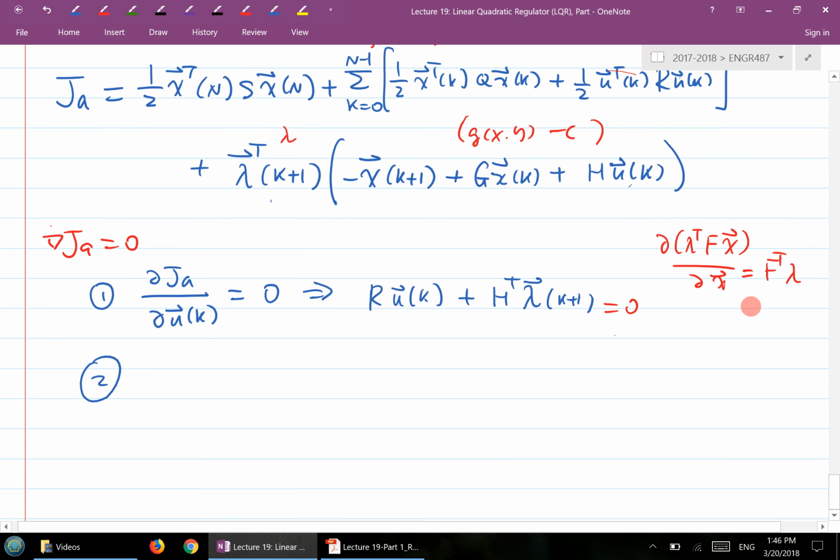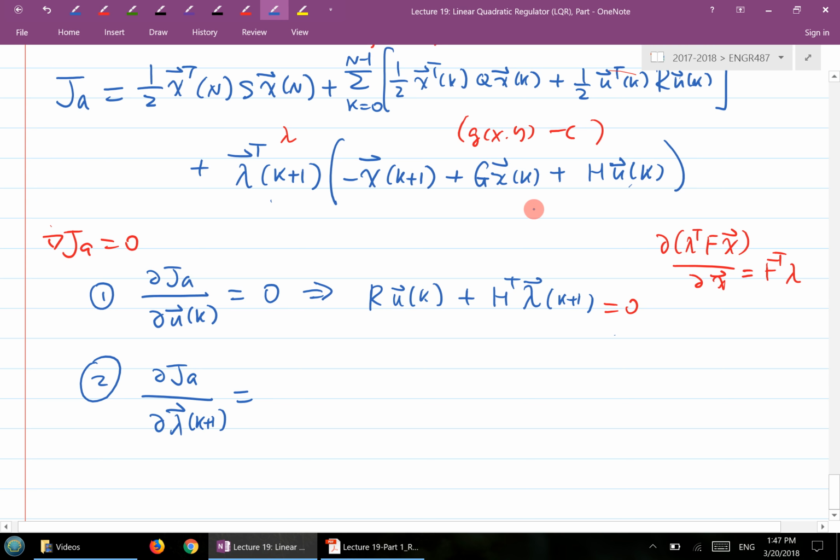Let me do another equation here. Let's take a look at the partial derivative with respect to lambda_{k+1}.